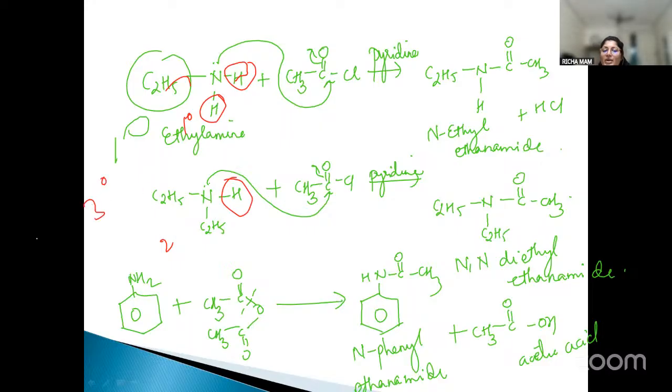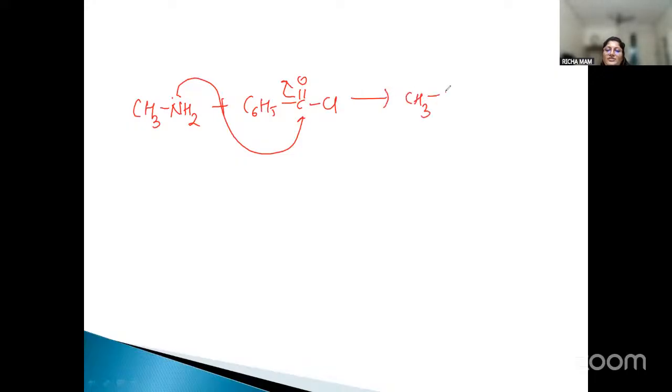Then when the amines are reacting with benzoyl chloride, what does it form? It forms benzamide. This is methanamine. React it with C6H5, C double bond O, Cl. So what will happen? This will polarize. You're going to get CH3, N, H, C double bond O, C6H5 plus HCl.